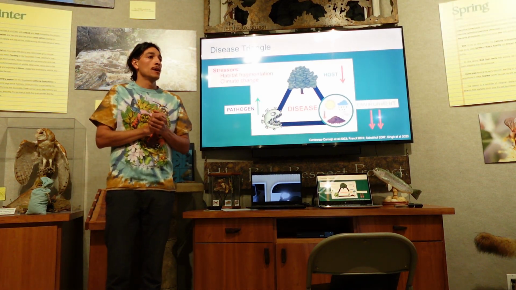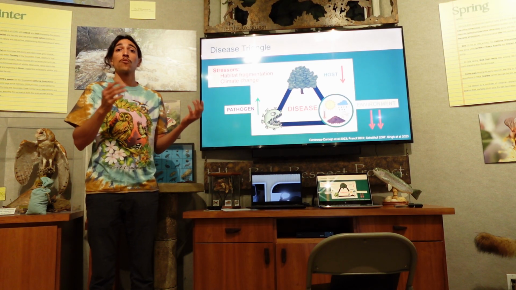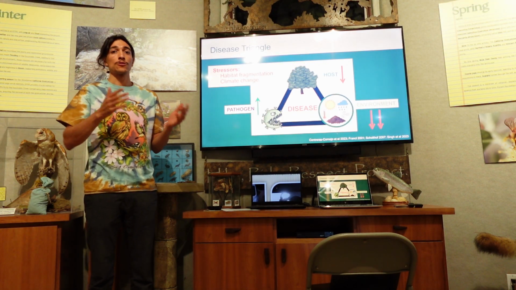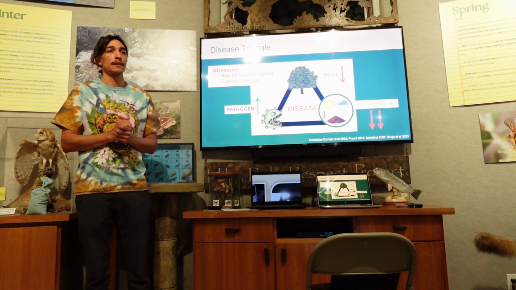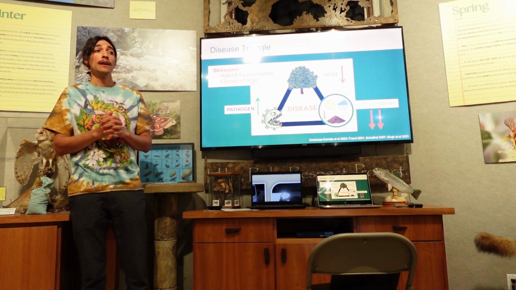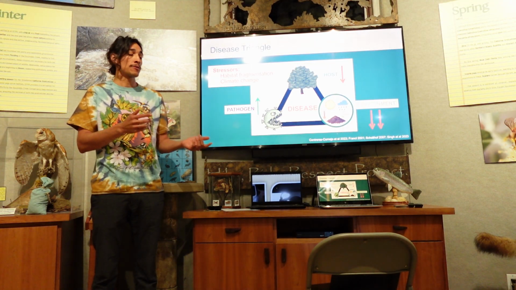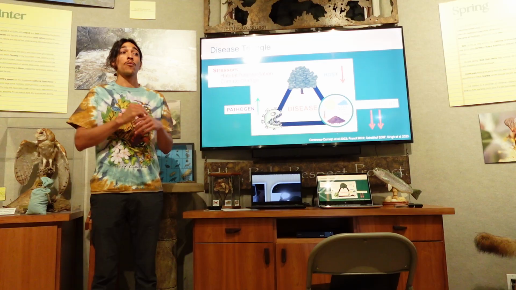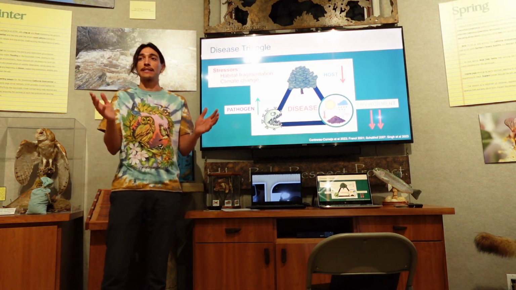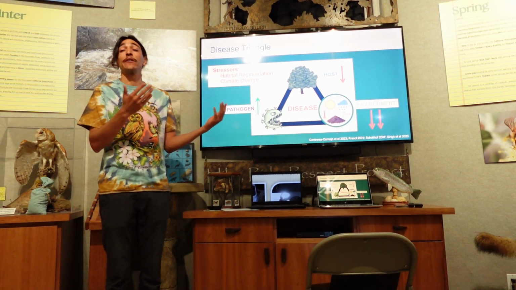For example, studies have shown that drier, warmer winters have allowed for pathogens such as Phytophthora, a soil pathogen, to exist in new areas for longer periods of time. Add this to the increased stress that trees experience with increased drought, and you now have a worldwide epidemic of sudden oak death. So again, this is just an example of how the disease triangle has helped explain this very notorious disease.